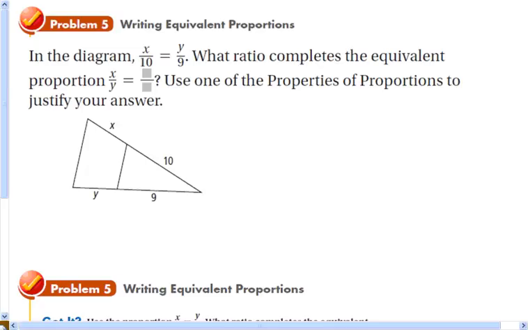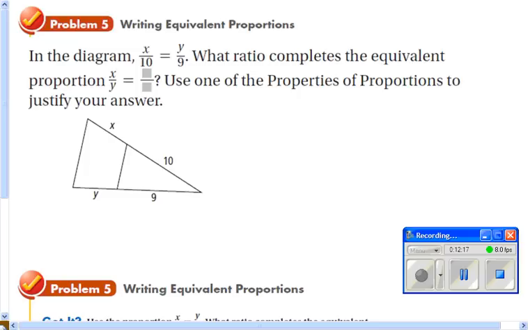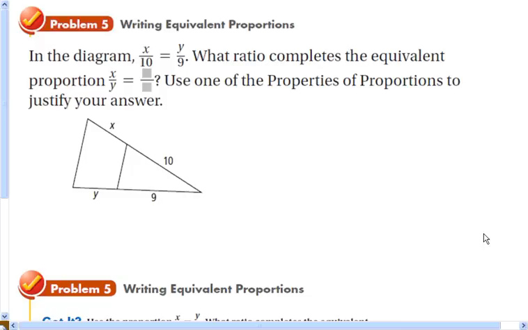All right, problem 5. In the diagram, x over 10 equals y over 9. What ratio completes the equivalent proportion y over x equals blank? Use one of the properties of proportions to justify your answer. All right, so our proportion is x over 10 equals y over 9.